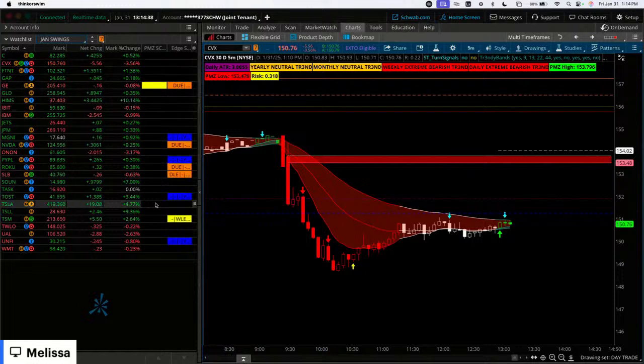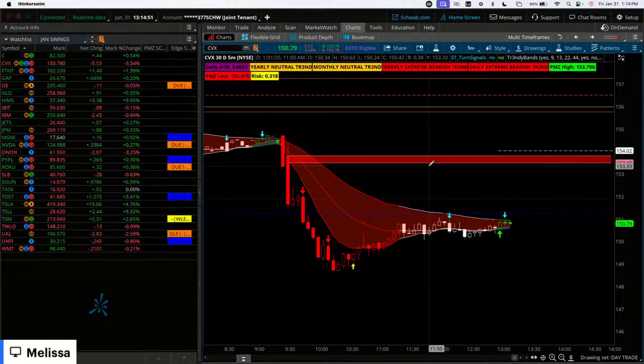Otherwise, if I'm going to take a trade in the middle of the day like this off of a PMZ, I'm going to give myself at least the next day's expiration. And that's simply due to the Greeks and theta decay that occurs as the day wears on.